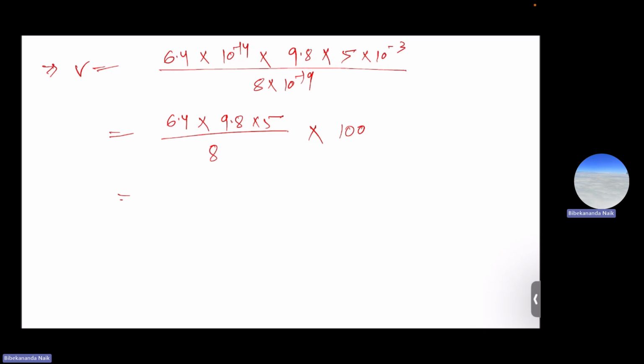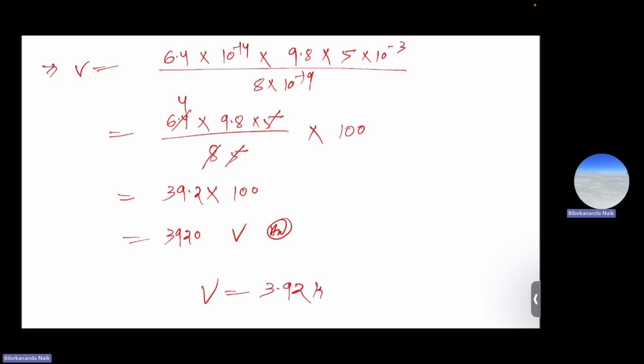So 6.4 by 8 is 0.8, and 0.8 into 5 is 4. 9.8 into 4 is 39.2, into 100, which is 3920 volt.